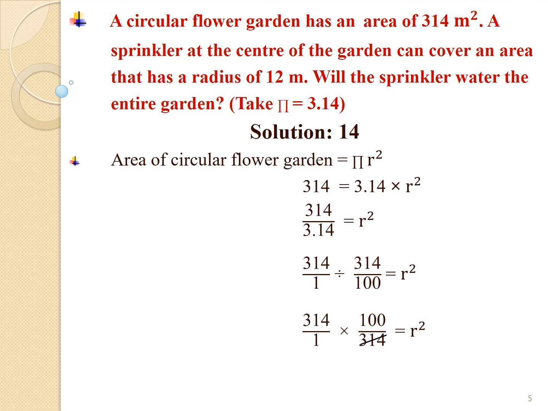Thus, radius of circle is equal to 10 meters. Students, since this sprinkler can cover an area of radius 12 meters, and 12 meters is greater than 10 meters, the sprinkler will water the entire garden.